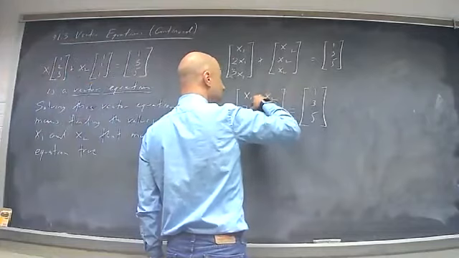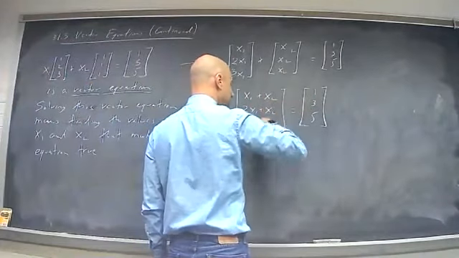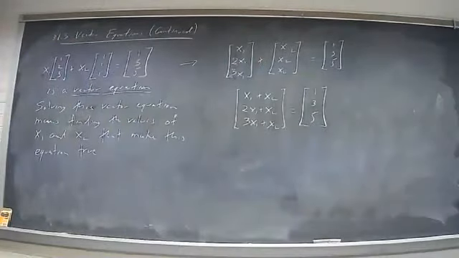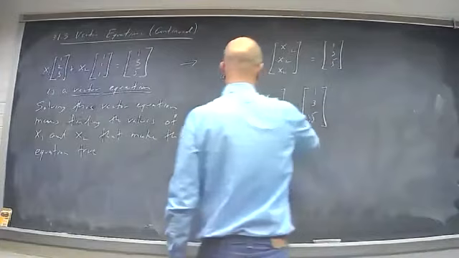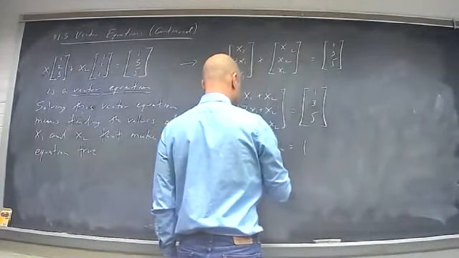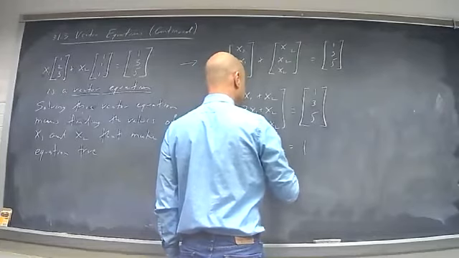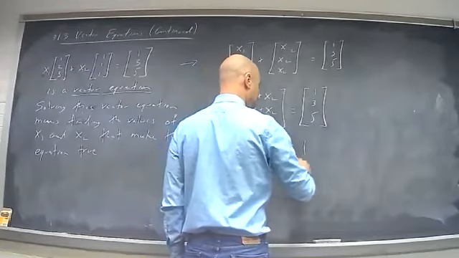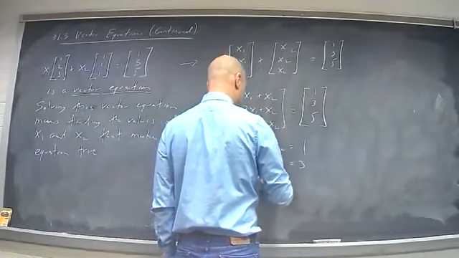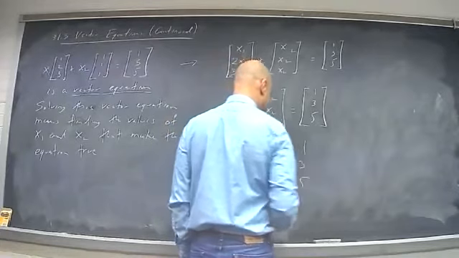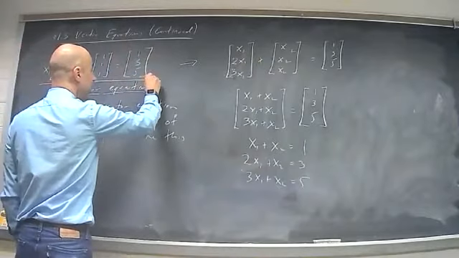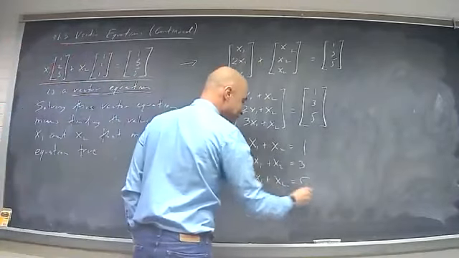Two vectors are equal if their first components are equal and their second components are equal. In this case, their third components are equal. If they had a fourth component, they'd have to be equal. So this is the same as writing x1 plus x2 is equal to 1, 2x1 plus x2 is equal to 3, and 3x1 plus x2 is equal to 5. So this vector equation can also be written as this system of linear equations.